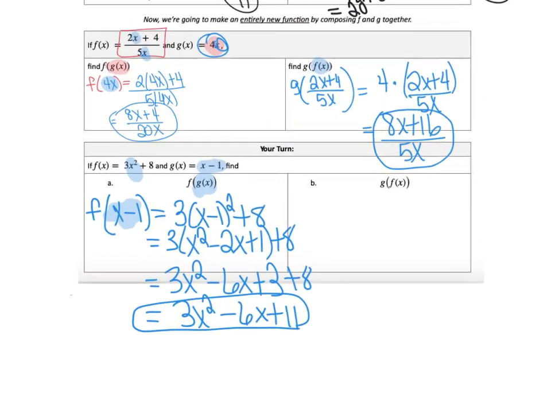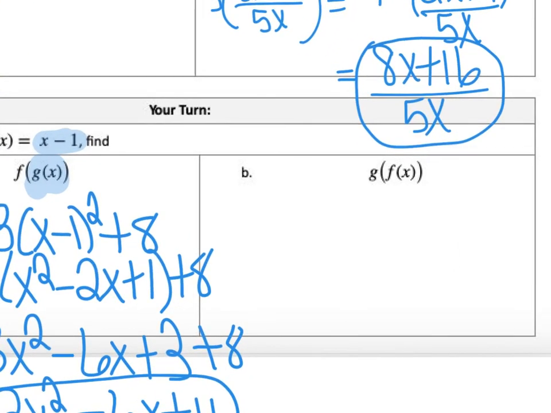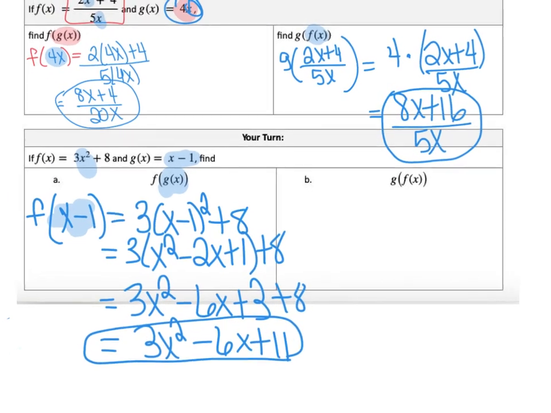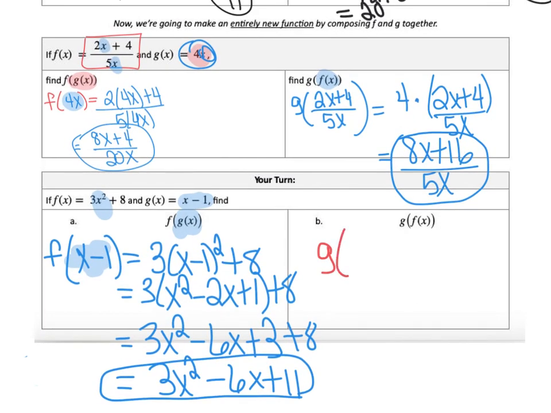Okay, again, same idea here. We have g of f of x. So we are going to evaluate g of, well, f of x is 3x squared plus 8. So we're going to have 3x squared plus 8.